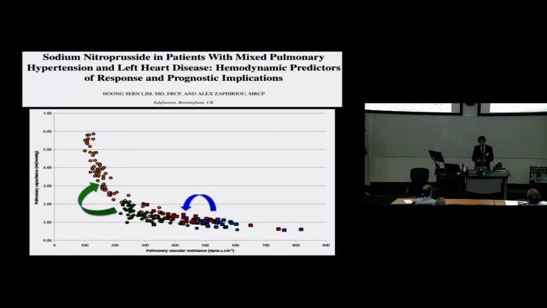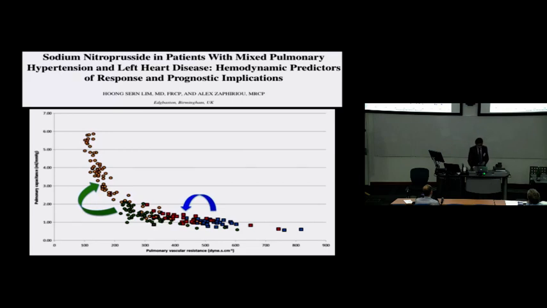They have very little drop in their PVR and no significant increase in the pulmonary capacitance. So these people tend to develop significant hypotensive response to SNP. Those in green have lower diastolic pressure gradient, and they respond very well to SNP with significant increase in cardiac output. And interestingly, not significant drop in blood pressure, because the increase in cardiac output counteracts the vasodilatory effects.